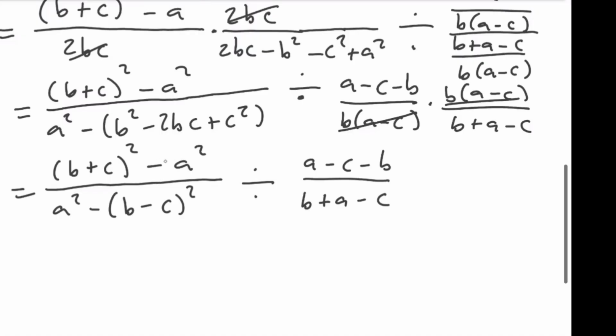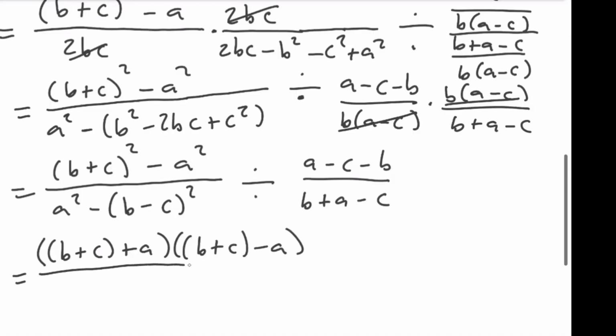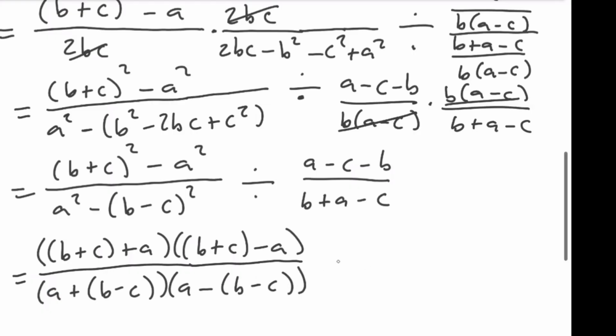And then we have a difference of squares here. So this could be transformed into b plus c plus a, and then b plus c minus a over, and now another difference of squares. So it'll be a plus b minus c, and a minus b minus c. And then we can turn this into a multiplication by multiplying by the inverse.